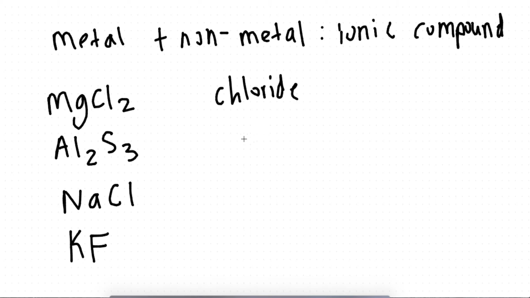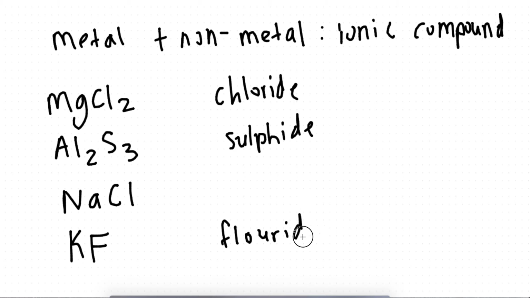Chloride, sulfide, again chloride, fluoride. I hope my spelling is right. Just check that, guys, for me. This is when you have a metal and a non-metal. Remember, we talked about which elements are metals, which are non-metals. So, metal, non-metal, metal, non-metal. This is how we name ionic compounds.